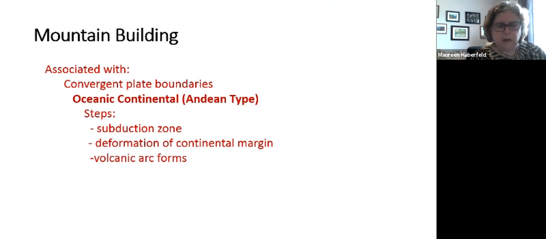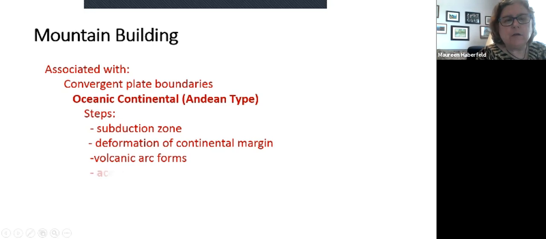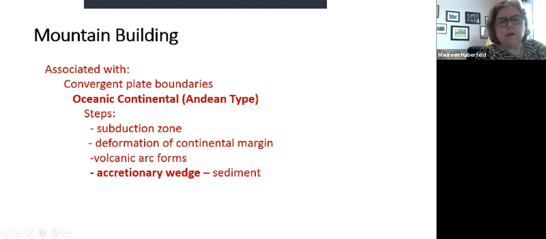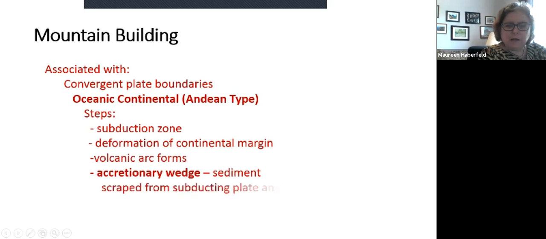So further inland on the non-subducted plate, you get a volcanic arc mountain range. In the continental margin, where you're getting the deformation, you get something called an accretionary wedge. And in that area, the sediment from the subducting plate that goes down under the other plate is going to get scraped off and pushed up onto the non-subducting plate.